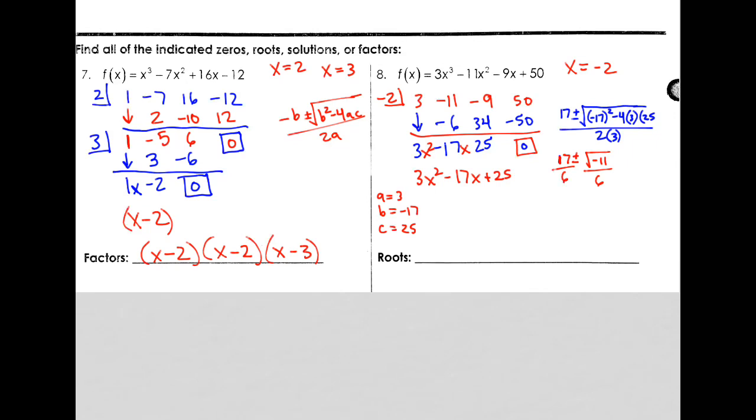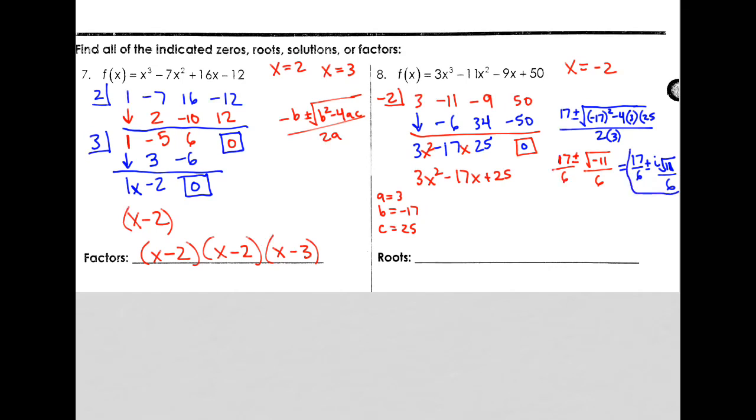Well, we know that you can't leave a negative underneath the radical, so this negative is going to have to come out in front as an i. And so that would equal 17 over 6 plus or minus i radical 11 over 6. 17 over 6 does not simplify, and radical 11 does not simplify. And it does not get any simpler than that.